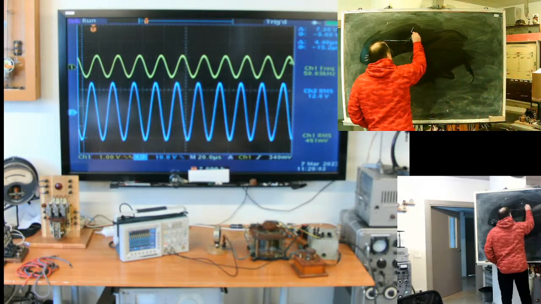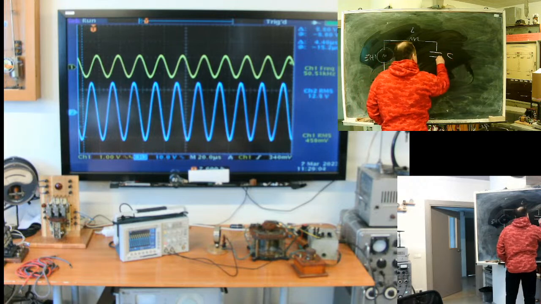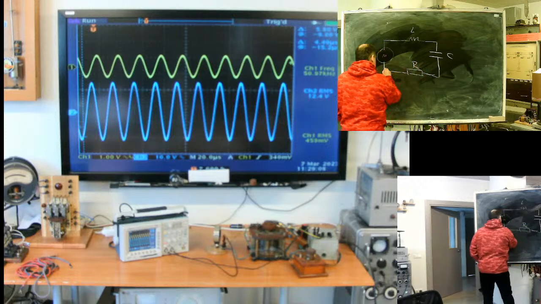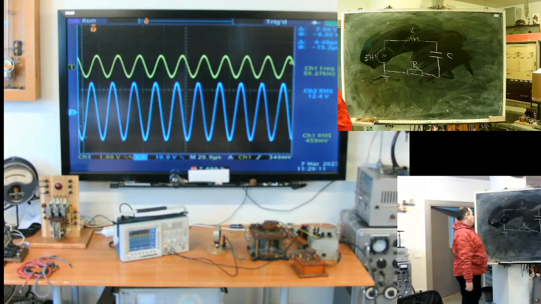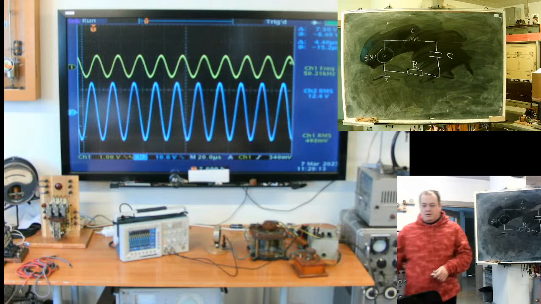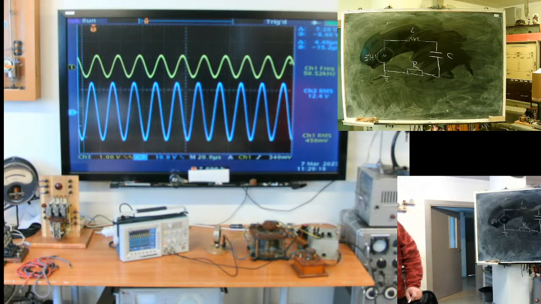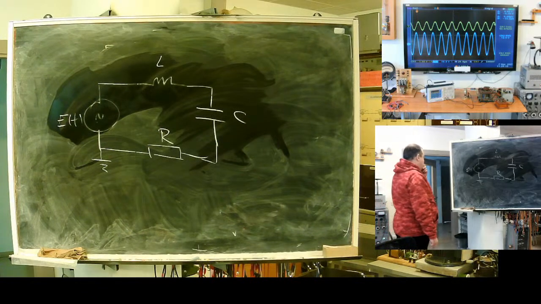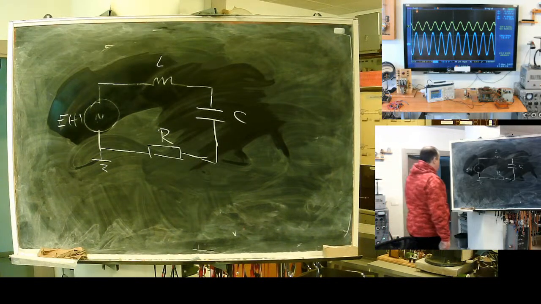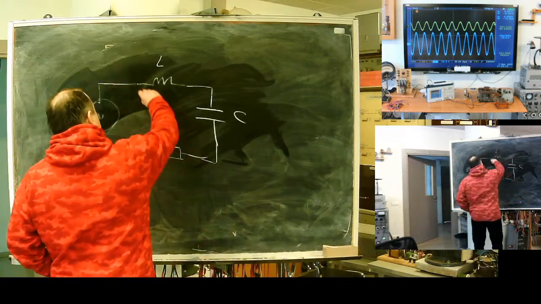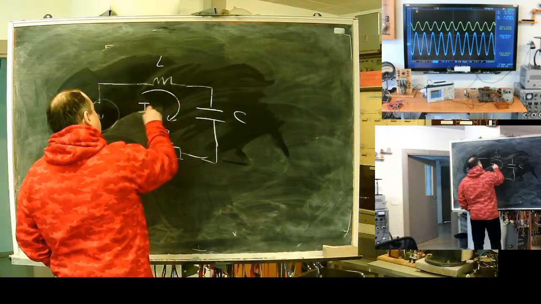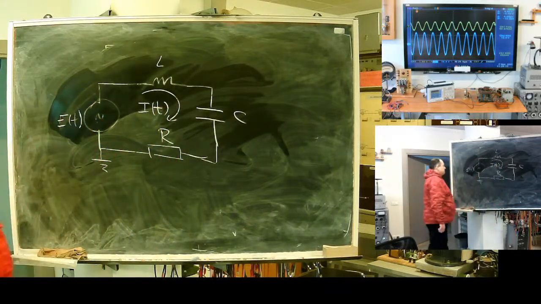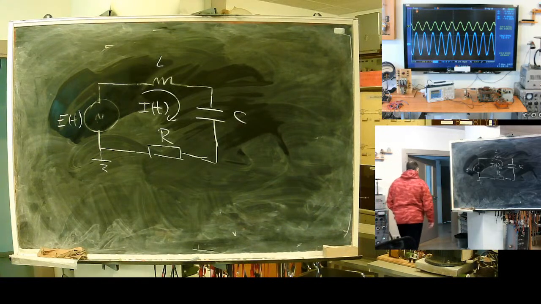Okay, coil here, capacitor here. I will have also resistance and earth. Something like this. Can I switch? Make it bigger. And let's assume that we have current as a function of time. Nice network.